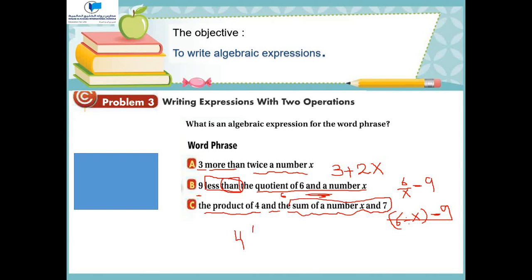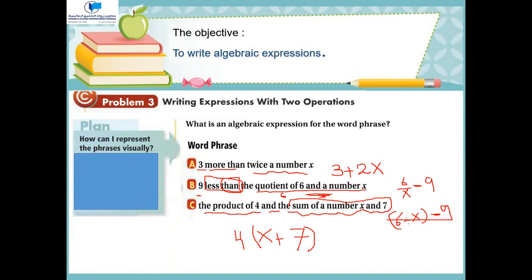So you should open parentheses and write the sum of a number x and 7. The product of 4 and the sum of a number x and 7, that's what you're supposed to write. Let me give you more exercises.